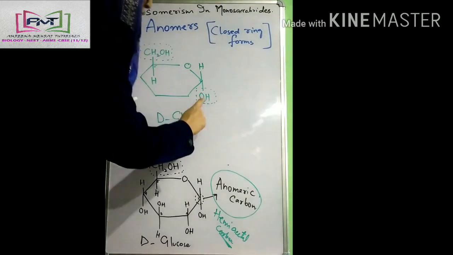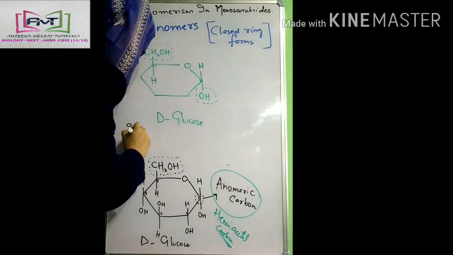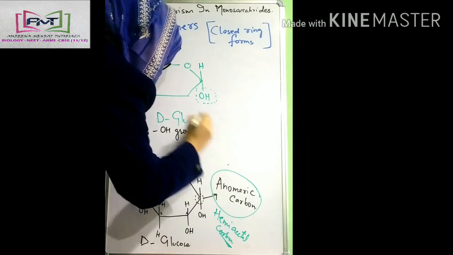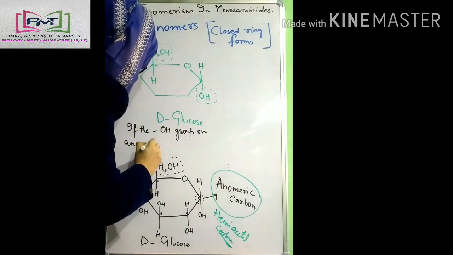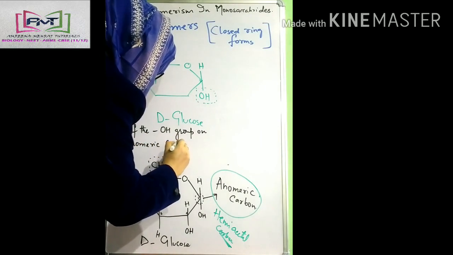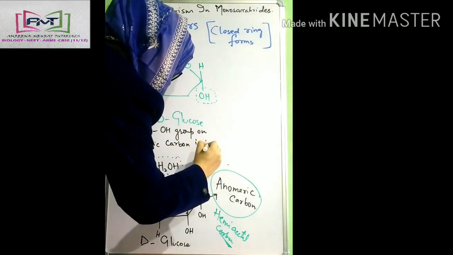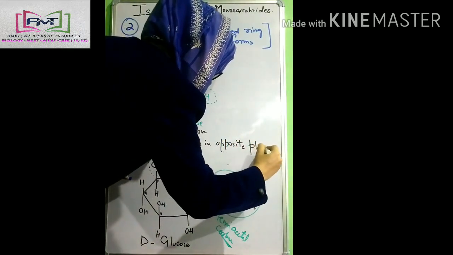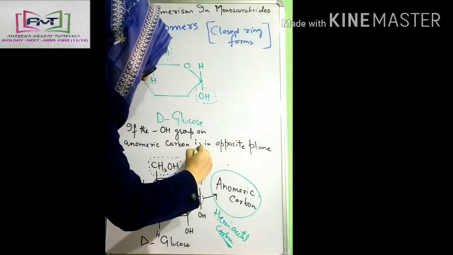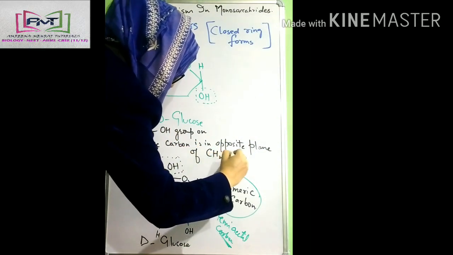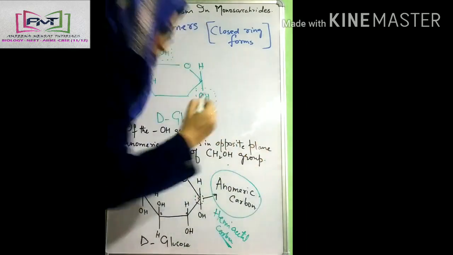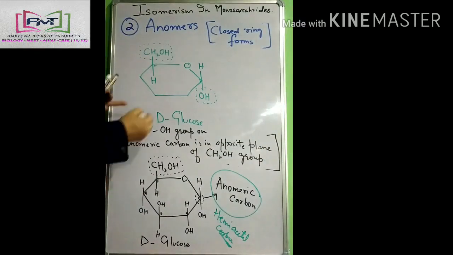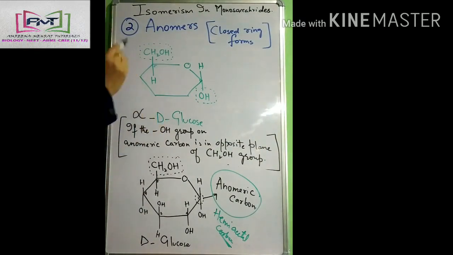So I'll write down for you: if the OH group on the anomeric carbon is in the opposite plane of the CH2OH group, then in this condition, my dear students, it becomes alpha D-glucose.